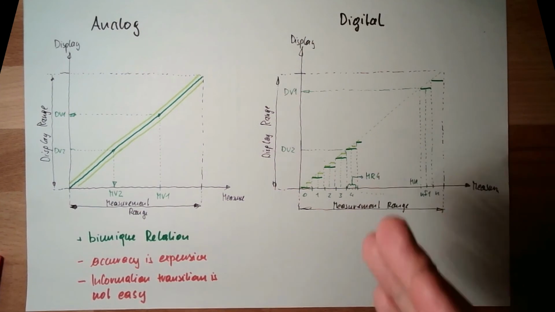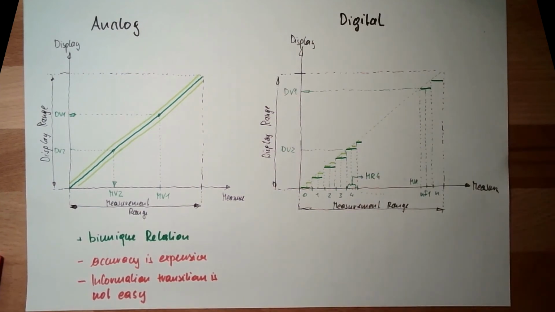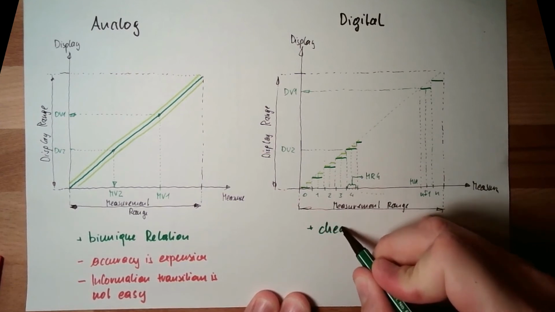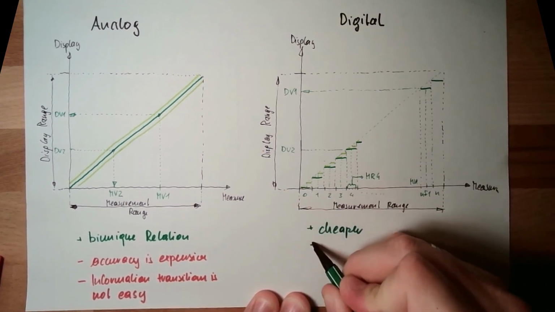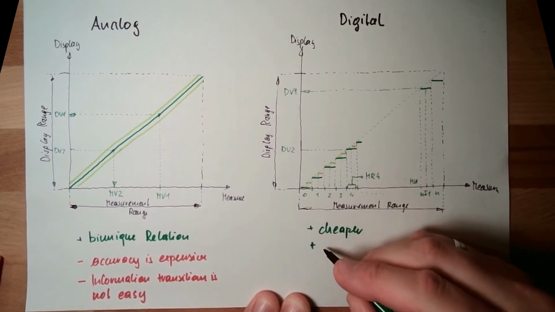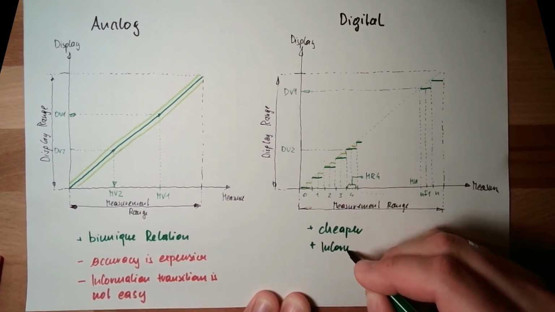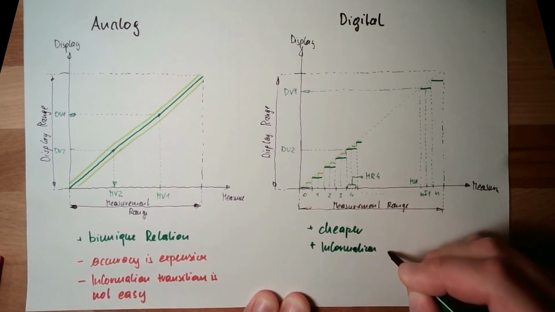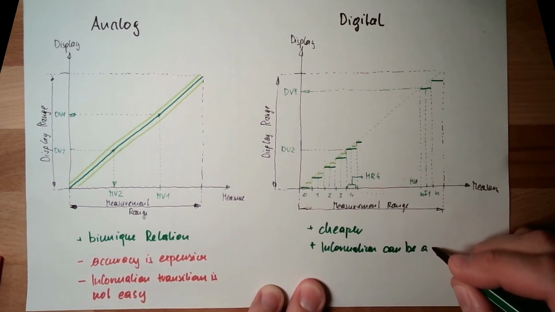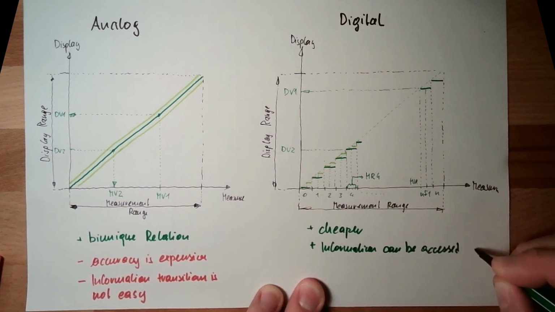The digital world, on the plus side, is much cheaper, and the information can be easily accessed by computers.